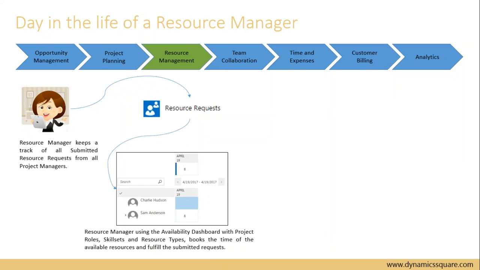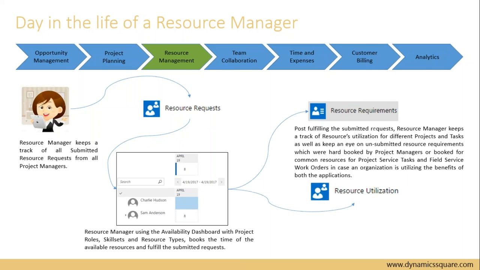So the resource manager has a resource availability dashboard for herself, which she will use to define which resource goes into which project. The resource manager uses the resource utilization dashboard that I just referred to keep track of all the resources' utilization across the tasks for all the projects in progress in the organization.